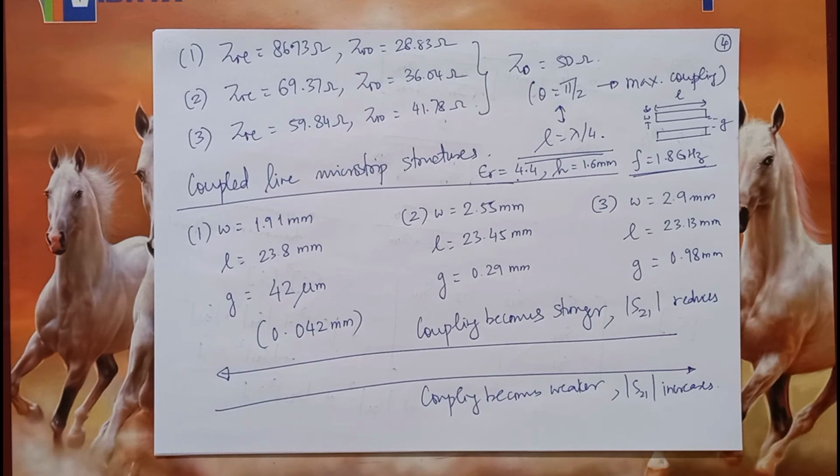So what we are seeing once again is that for strong coupling to take place, the gap between the lines must be really small.